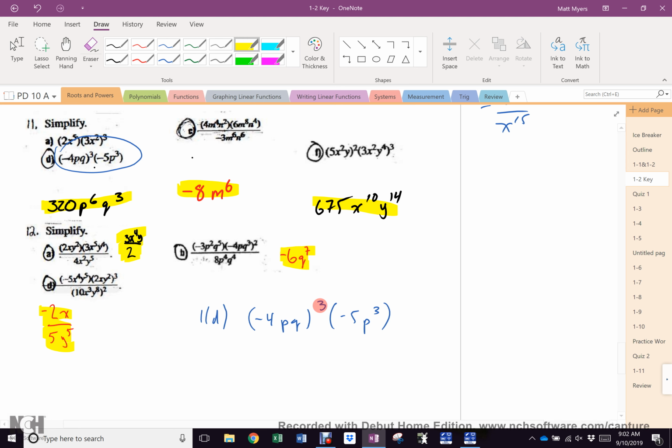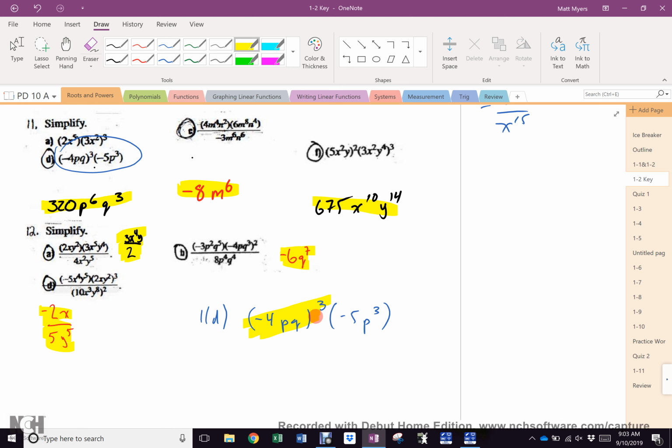Tell me why. You don't need to put your hand up. We're already talking. Why? What's the base here? It's the whole thing. The 4 is part of the base.